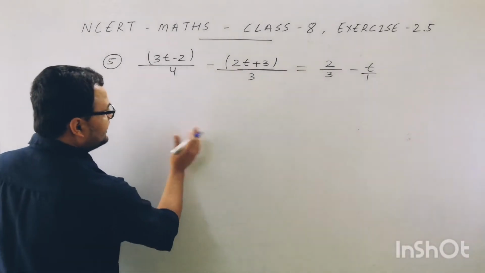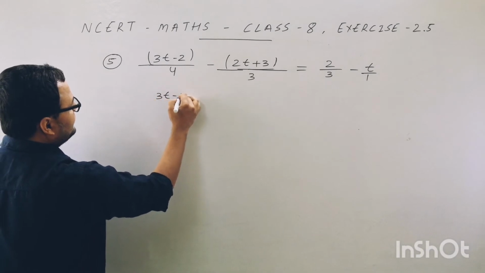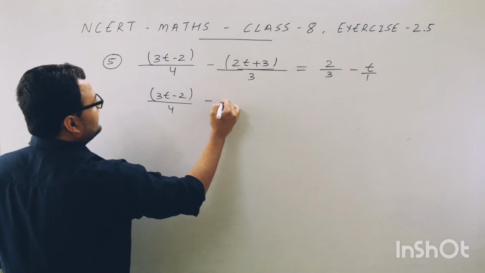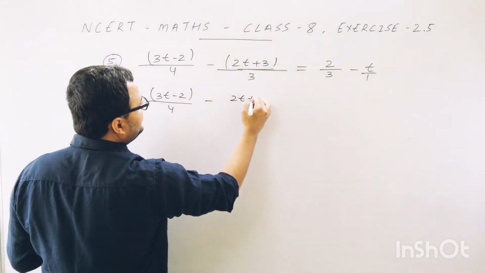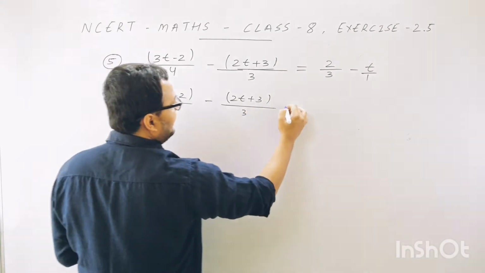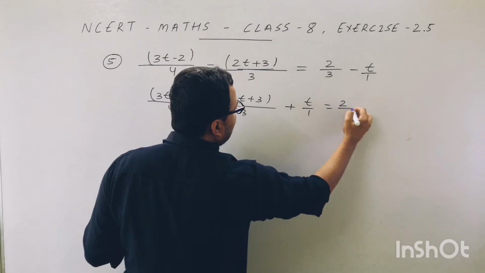Again I am going to do all the variables on the left hand side. So it means (3t minus 2) by 4, think of it like that, minus (2t plus 3) divided by 3, and minus t will come this side.